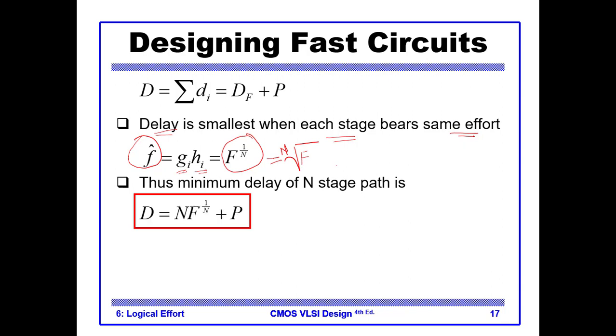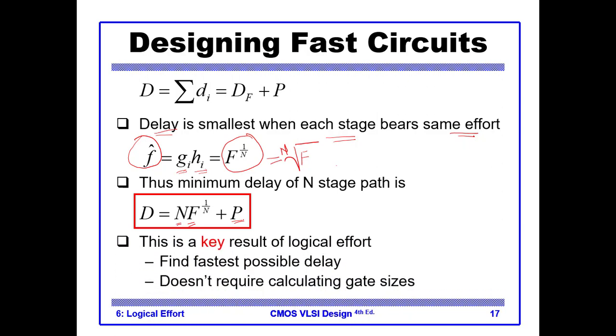So we can write this very interesting and important formula in red, which is the fastest delay. N is the number of stages, F is capital F, your effort delay, plus P, your parasitic delay. So this is one very important formula that we will use. This is a key result from the logical effort: finding the fastest possible delay.